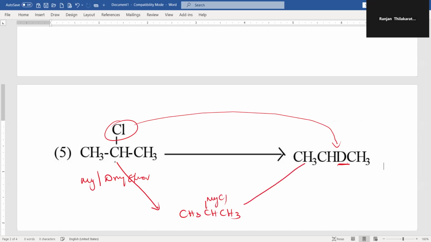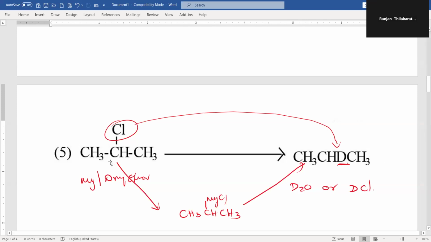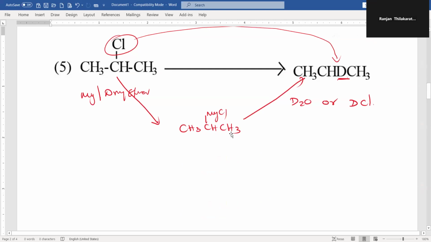Then you can add D2O or DCl, not both. One of them is enough. Then you will get this product. That is again the Grignard reagent. This is called the Grignard reagent, right?